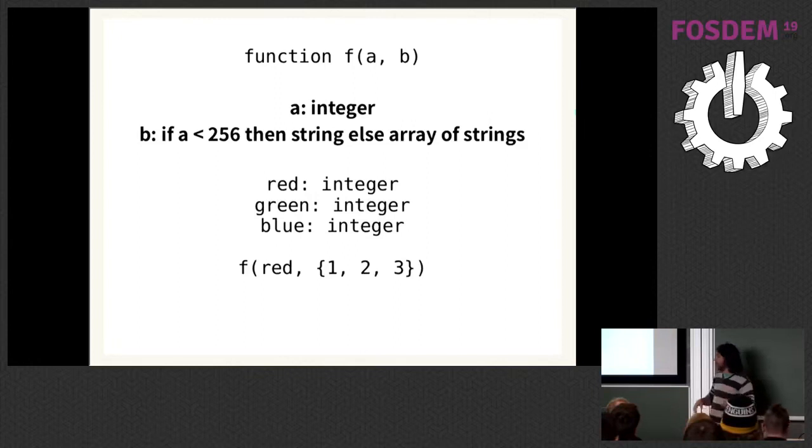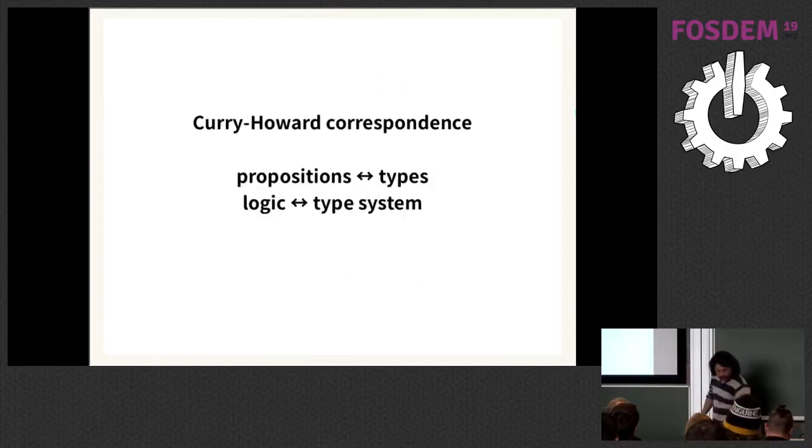But if the type checker had the information that red is only ever between 0 and 255, if you had specified that in the type, then the type checker would have an easier job. It would actually be able to do that, right? But once you have the idea of a type system that has all of arithmetics in it, and I mean a type system that encompasses arithmetics, by the Curry-Howard correspondence, every type system corresponds to a kind of logic, right?